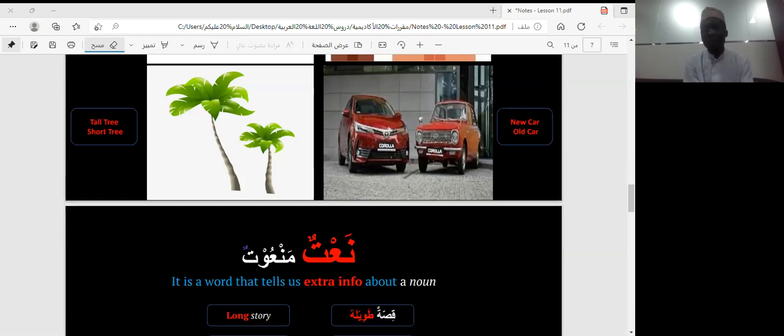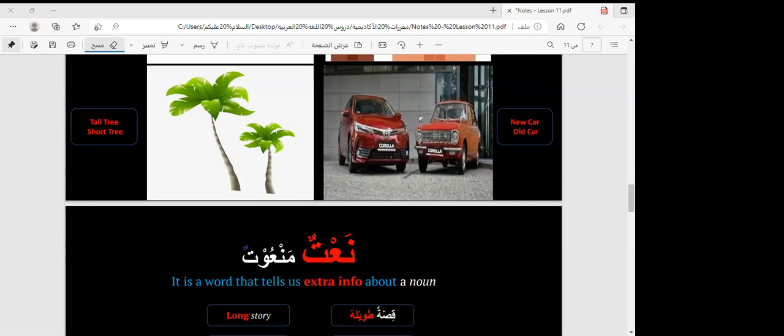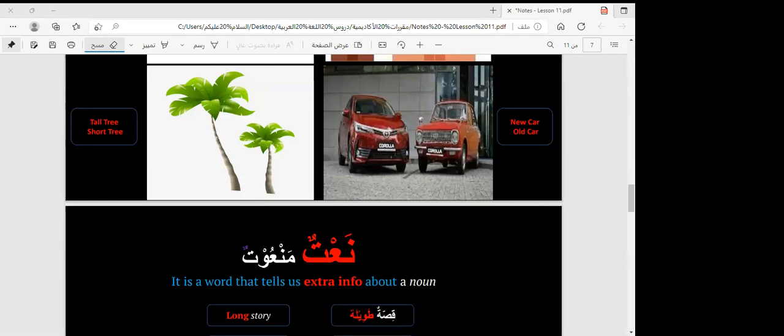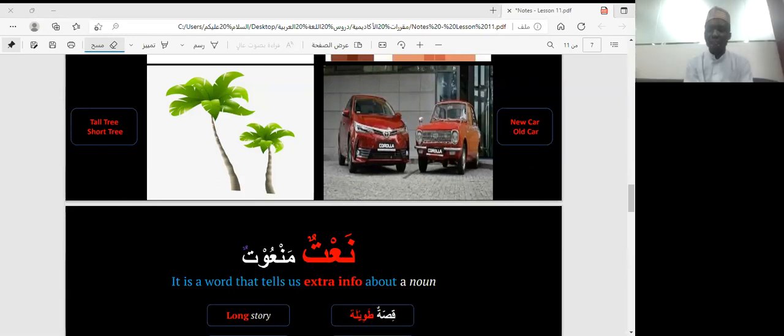What about small? What is written here? Short tree. Short is qasira. Qasiratun. Shajaratun qasiratun.